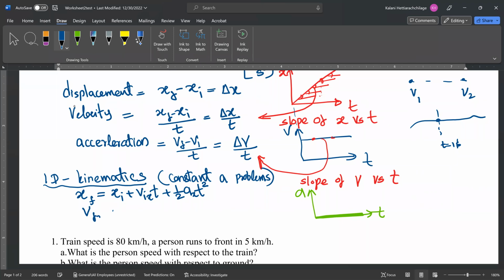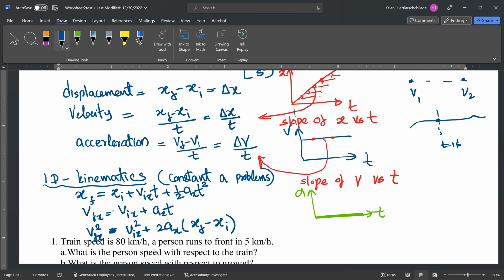And then v final in the x direction equals v initial in the x direction plus acceleration in the x direction times time. And the last one is v final x squared equals v initial x squared plus twice the acceleration in that direction times the displacement, right?